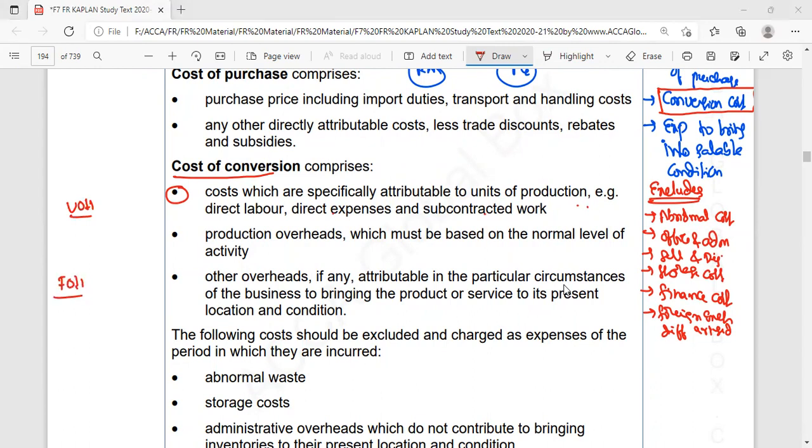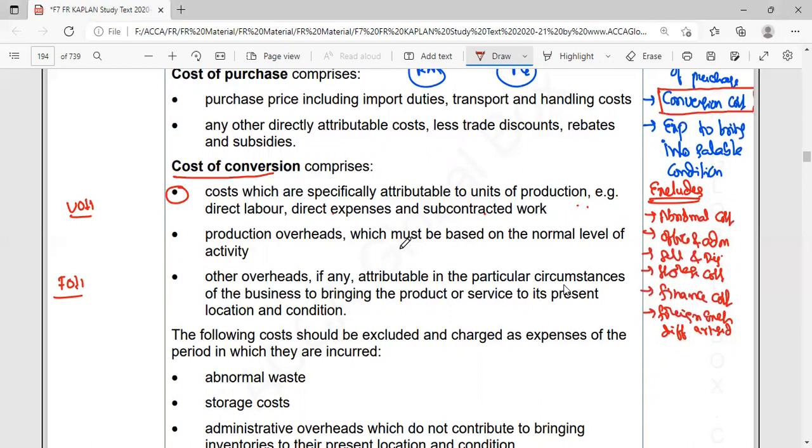Generally, variable overhead is allotted based on actual capacity and fixed overhead is allotted based on normal capacity.